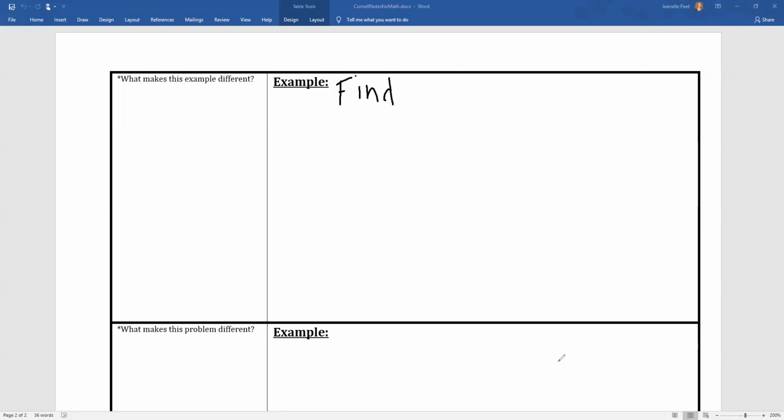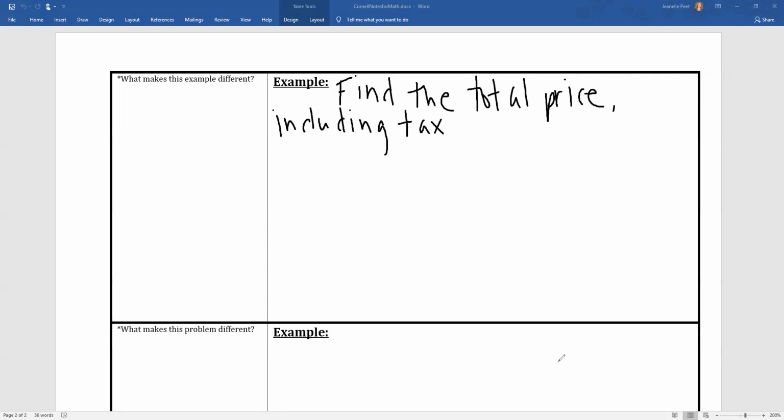Okay, so find the total price including tax at a rate of 5% for the following items.